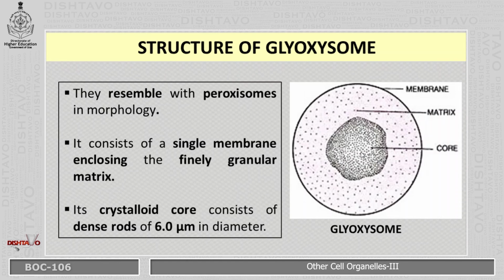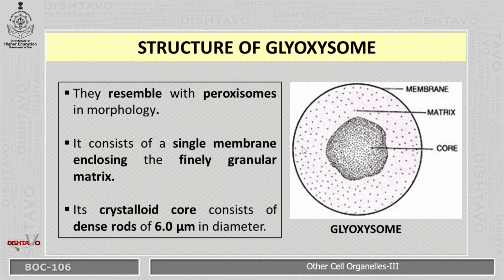Let us see the structure of glyoxysome. On the right hand side, you see the structure of glyoxysome, which shows the outer membrane, inner matrix, and core. Let us see in detail. They resemble peroxisomes. In morphology, it consists of a single membrane enclosing the finely granular matrix.